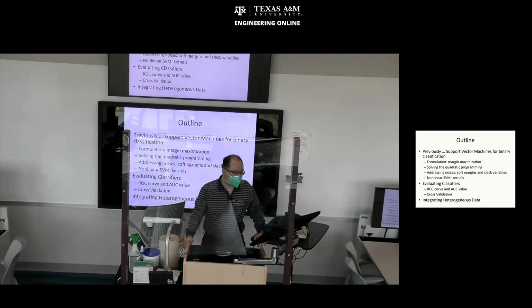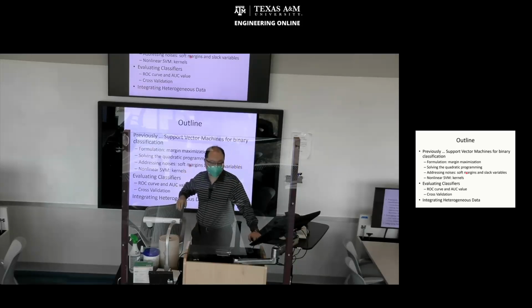And you can go beyond this feature space into a higher dimensional kernel space, right? And we talked about the fact that this is a simple quadratic programming problem which can be solved analytically, right?